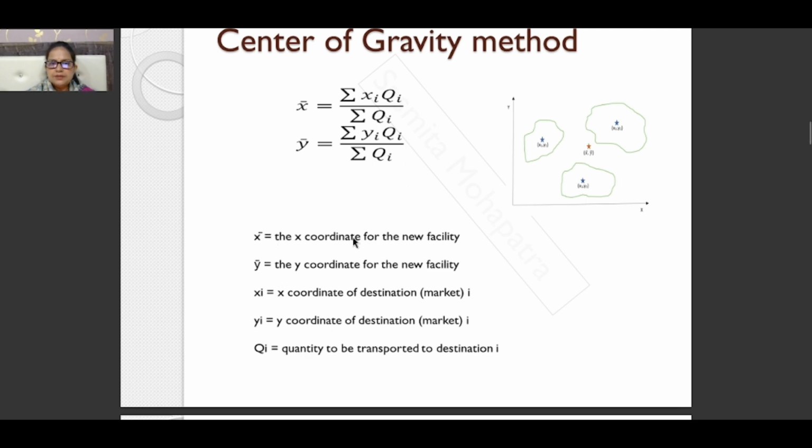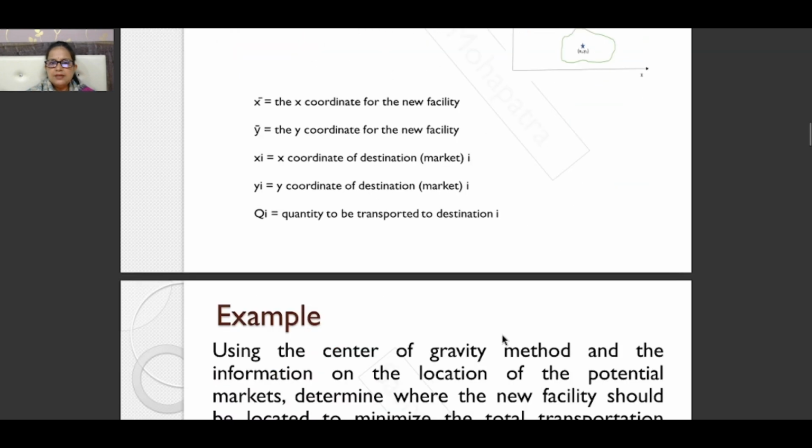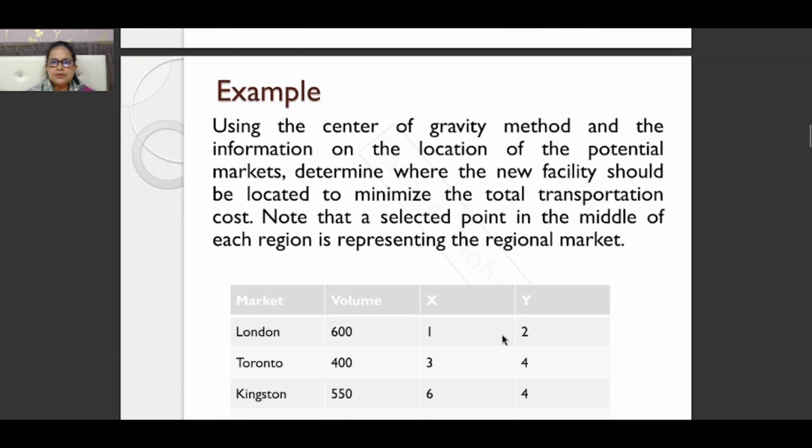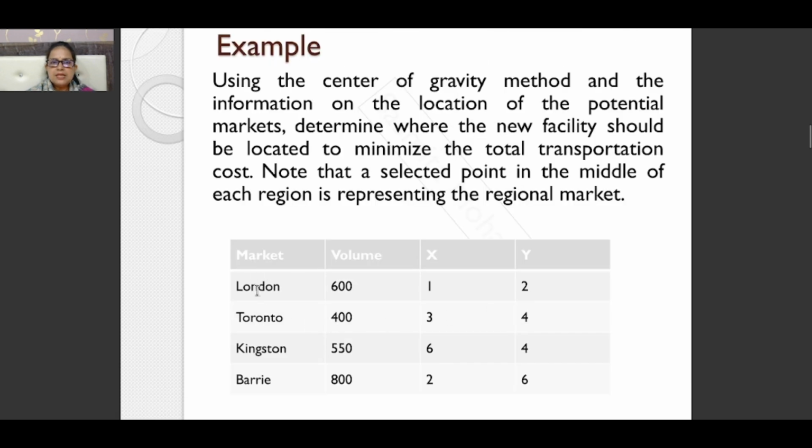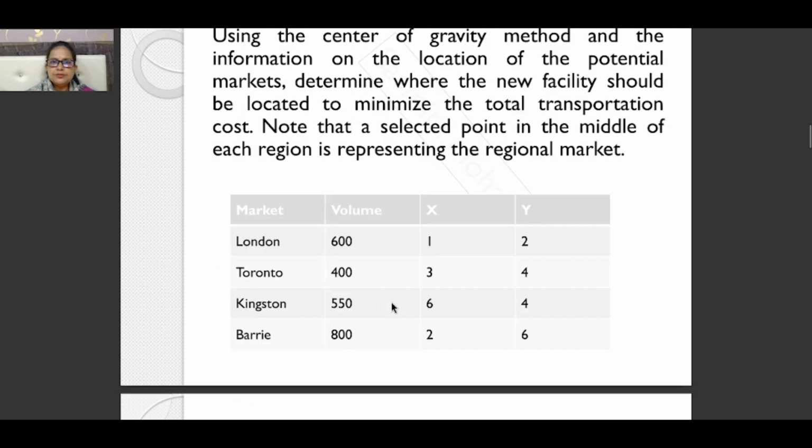So here everything is written, and we'll see how we are going to solve it. This is one example. These are our markets: London, Toronto, Kingston and Barry, and this is the volume we are going to transport.